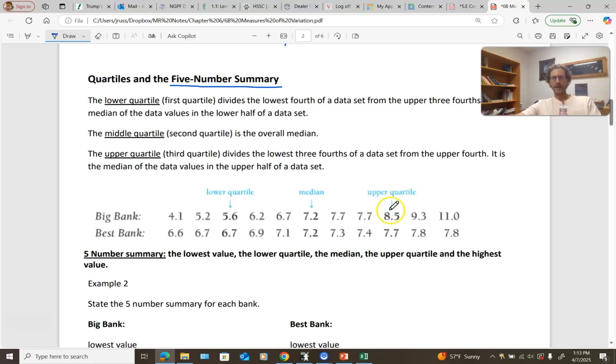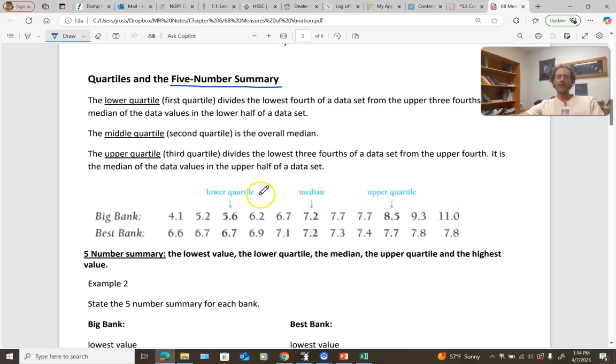And this value just means that you have 75% of the values below and another 25% at or above, okay. So basically, the lower, median, and upper quartiles, they divide the data set into quarters, essentially. This is the first quarter, this is the second quarter, this is the third quarter, and the fourth quarter would be the entire data set.